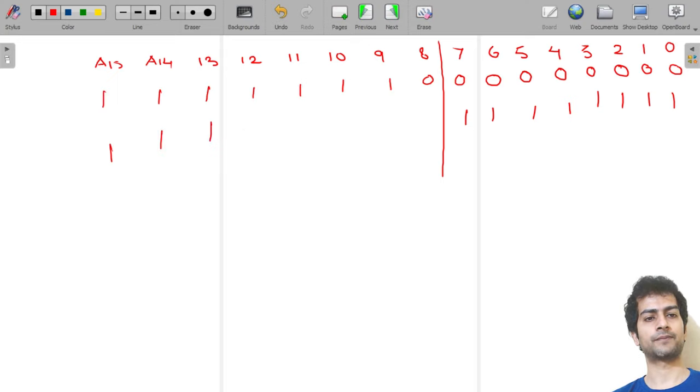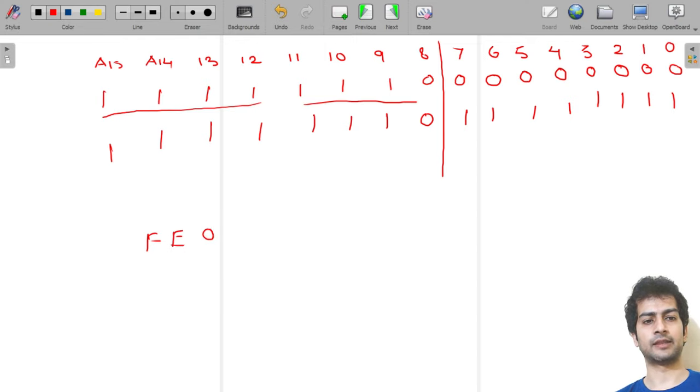Now see the range. It will be F, then E, then 00, so it will be FEFFH. This will be the range.